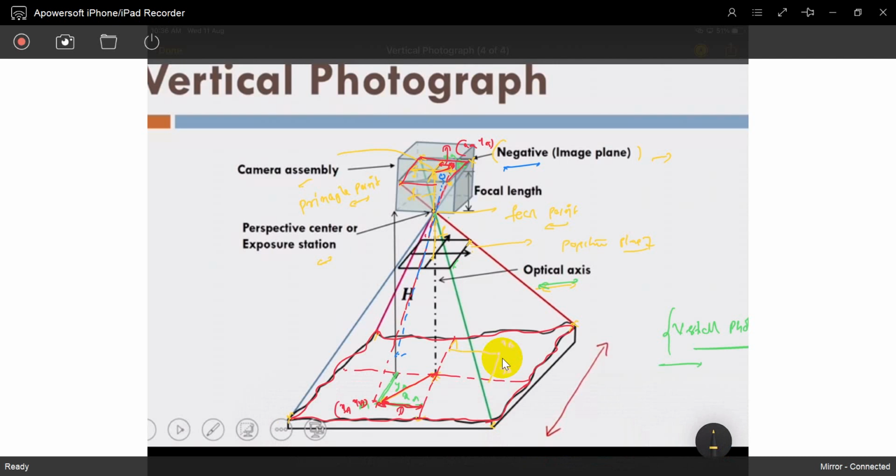Okay, so once you get small a, small b, xa, xb, yb, you will get the distance in the ground exactly from the photograph also. But how much it is reduced in a photograph, we have to take it. So once you calculate how much it is reduced in a photograph, you can directly take the distance between any 2 points on the ground from the photograph also. Okay, understood? So that's it.